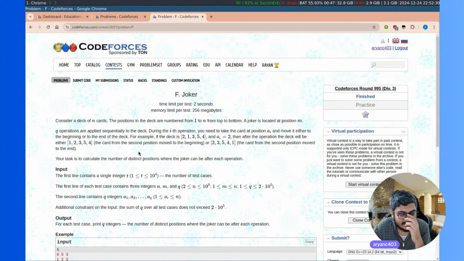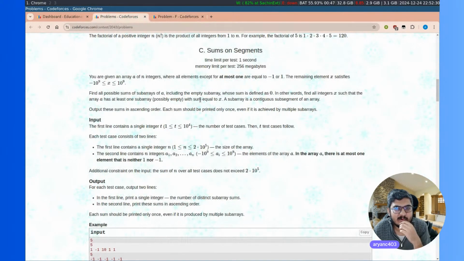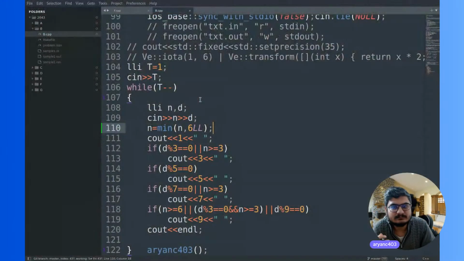The same idea in fact holds true here as well. If you maintain the continuous range of answers, here also you will not have more than three different ranges at any point of time. And essentially that was the solution here. I will probably jump onto my code as well.